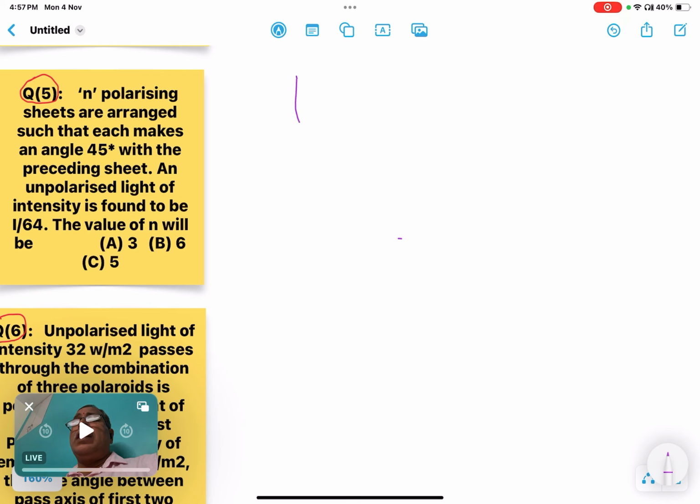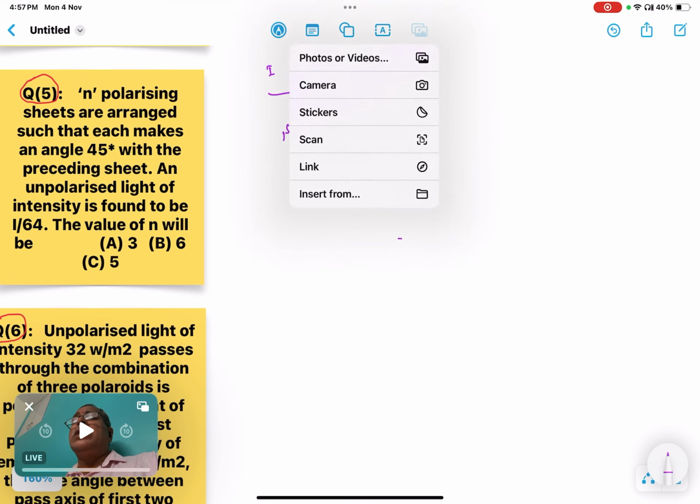So after using the first polarized sheet, I becomes I by 2. After using the second polarized sheet at 45 degrees, again it's half of that: I by 2 cos square 45.